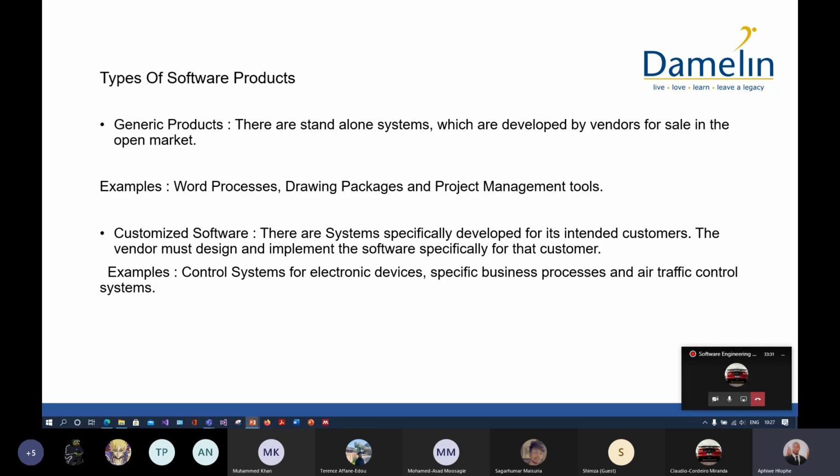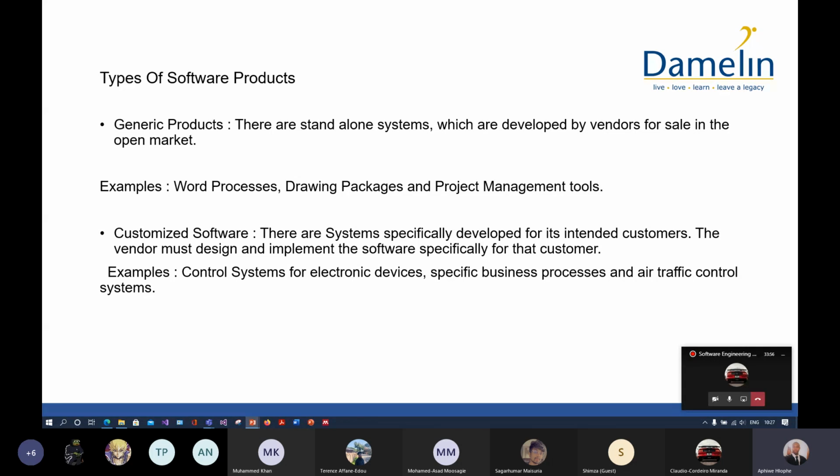With customized software, we build it around a particular problem domain. So there has to be something going wrong in the company and it has to be unique to that company, which means we cannot outsource any solution off the shelf for this problem. So we need to customize the solution, custom build it for the organization.